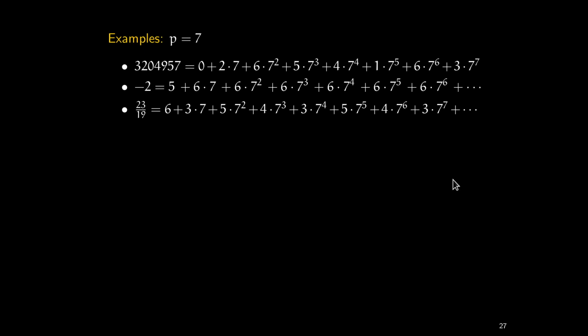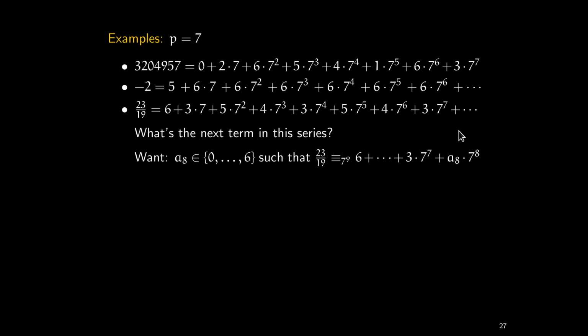But checking that this is true is only possible if I give you already the numbers. A more interesting question is how do you determine the next number if I don't tell you what the next number is? So the question is, for the next number, what is the value of A8, and it's restricted to 0 up to 6 because p is 7, so that this next approximation is still valid.